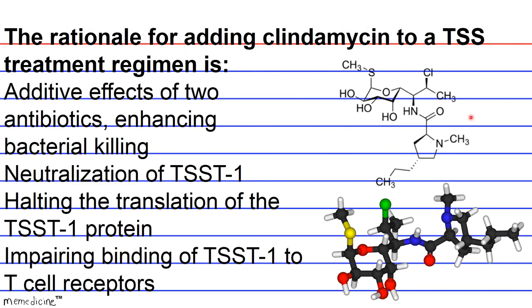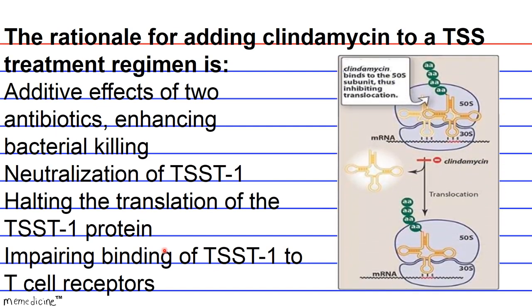Okay, so clindamycin does not neutralize TSST1. Answer choice B is out. The passage mentions that the purpose of administering IVIG is neutralization. Neither does clindamycin have an effect on the binding of TSST1 to T cell receptors, as pictured in Figure 1 if you want to see what this looks like. Clindamycin's anti-protein synthesis effects, this is what the passage mentions, halts the production of TSST1.